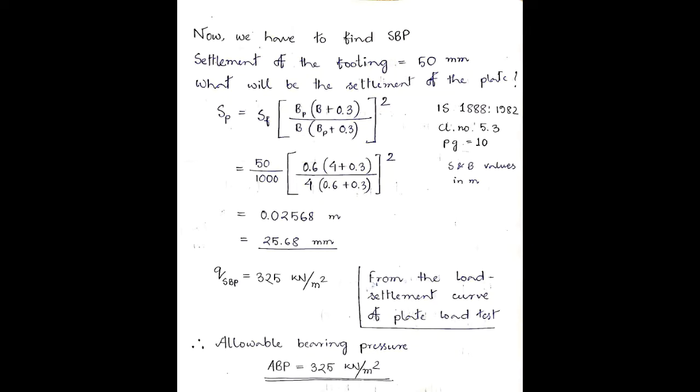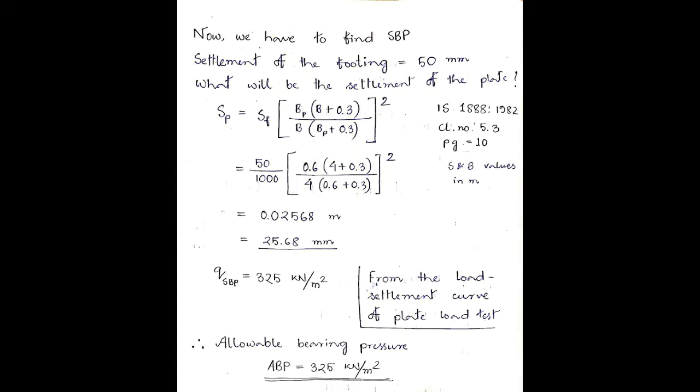Now we have to find the SBP, safe bearing pressure. Allowable settlement of the footing is given as 50 mm. What will be the settlement of the plate corresponding to a settlement of 50 mm to the footing? That we can find from the formula given in IS code 1888-1982, clause number 5.3, page number 10.